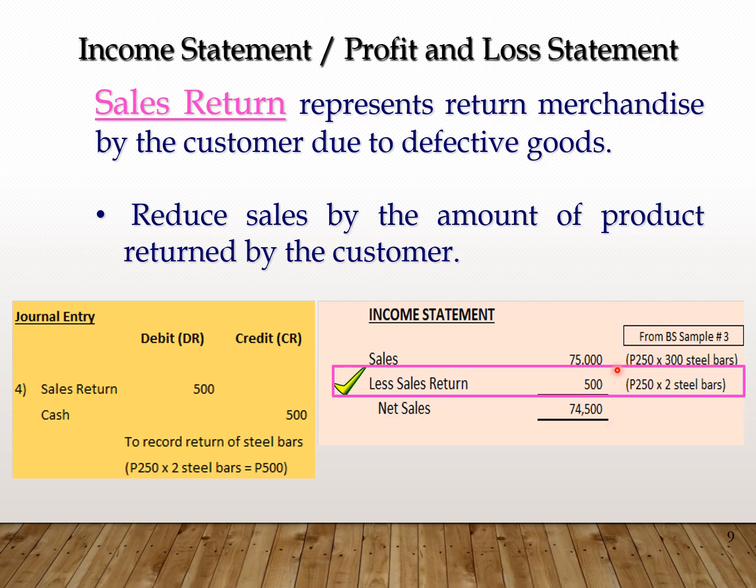So the journal entry of this sales return is debit sales return 500 and credit cash of 500. This is to record steel bars which are defective and also to return the cash paid by the customer.